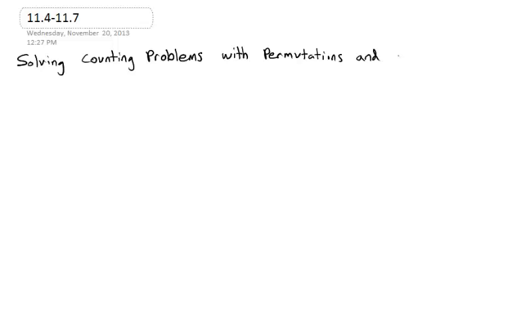So what we're doing today is we're solving counting problems with permutations and combinations. And we're going to look at each of these separately and define them clearly. First, starting with the permutations.